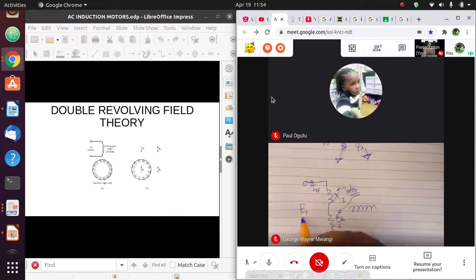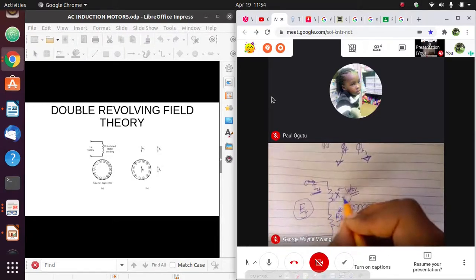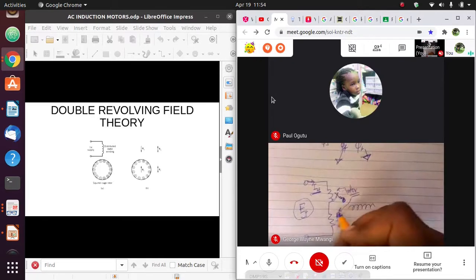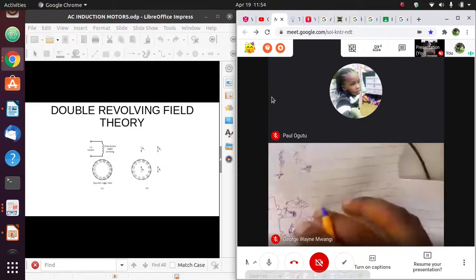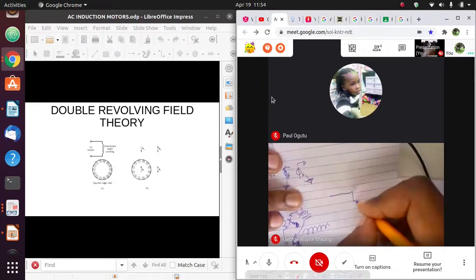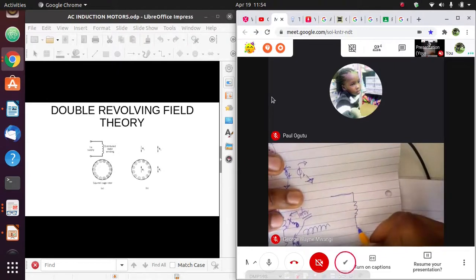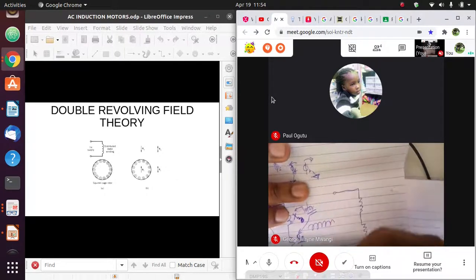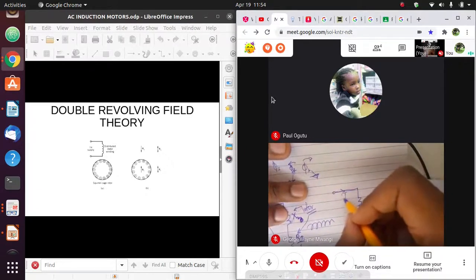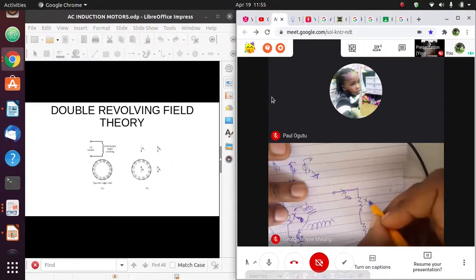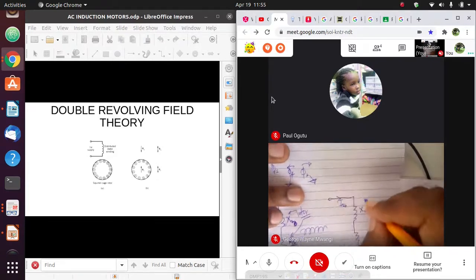We have an induced voltage in that circuit. We have the current that is being produced by the forward flux. We have the inductance labeled as X subscript 2. Now we have the resistance, which is R2 divided by the slip. The same, the effect of the backward flux can be represented in the form of a circuit. We have the current being produced. We have the inductance, which in this case is called inductive reactance.